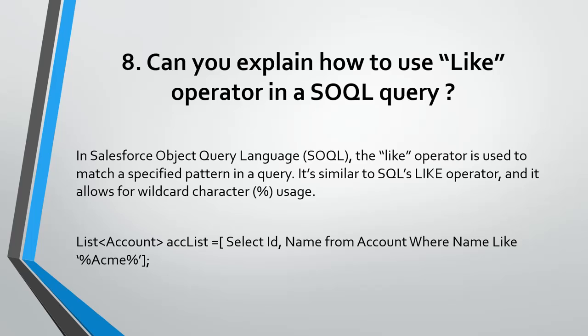Example: select ID, name from account where name like, and in the percentage sign you can include the wildcard characters. We are storing it in a list of account, and the variable name is accList. So accList will basically have all the data which is like Acme.